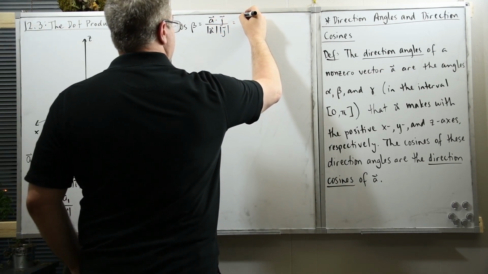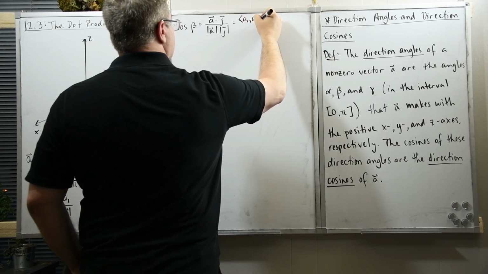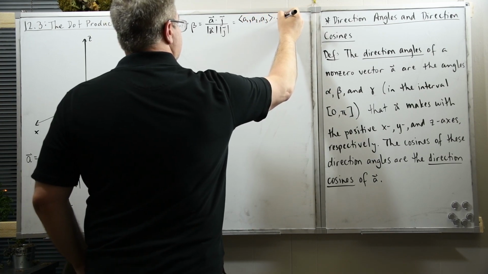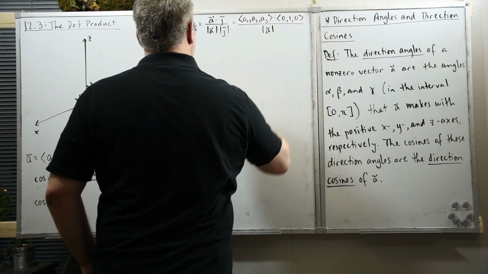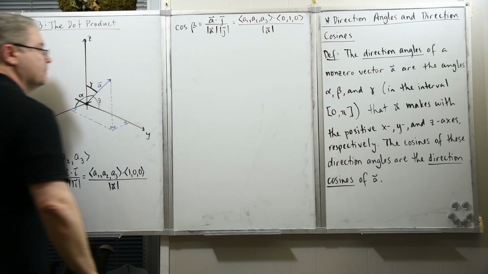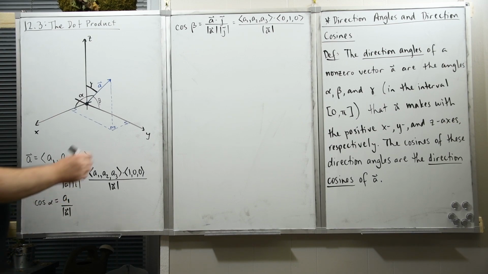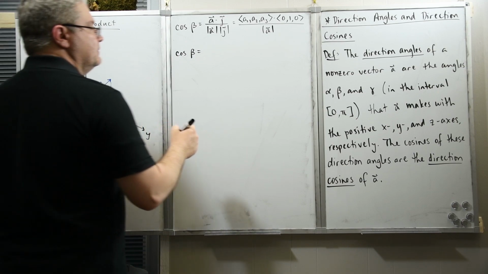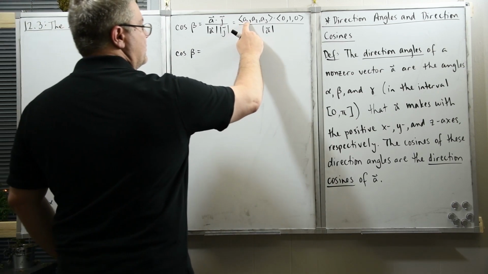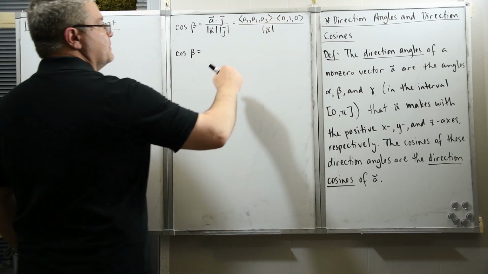And A dot J, well, remember J has components 0, 1, and 0. So this means that the cosine of beta can be written as, well, A1 times 0 gives you 0.